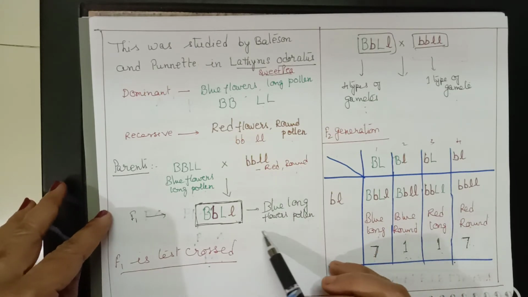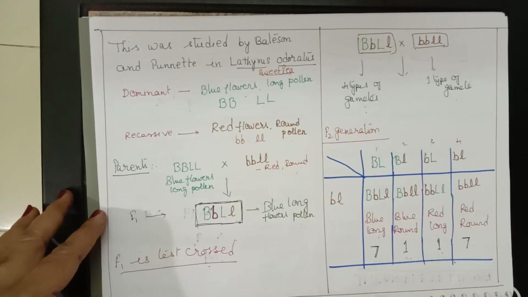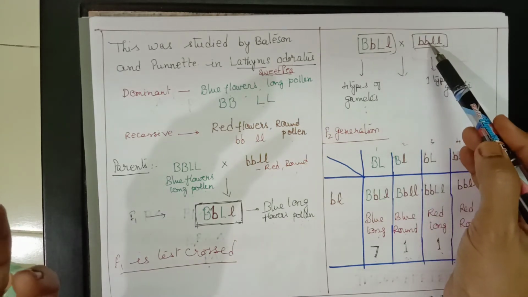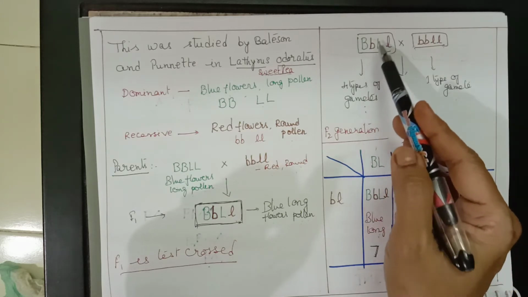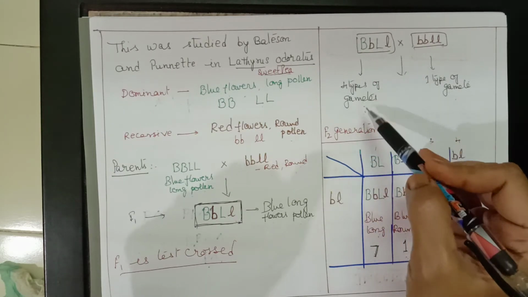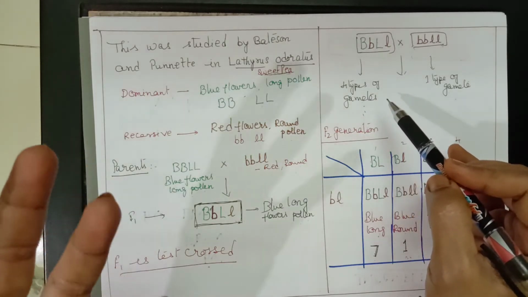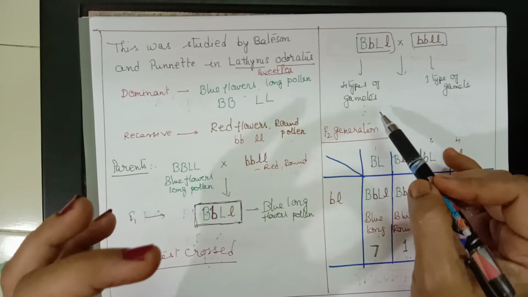Now this F1 is test crossed. Already we know test cross: when F1 is crossed with the complete recessive parent, we call it a test cross. Here four types of gametes can be formed. The F1 can give four types of gametes. Already we discussed that in incomplete linkage, some crossing over can also occur.